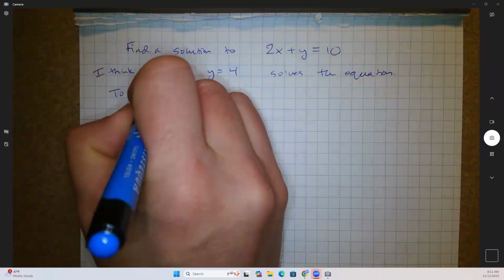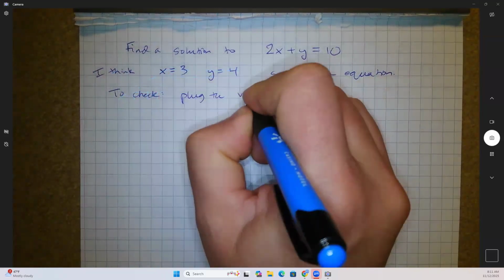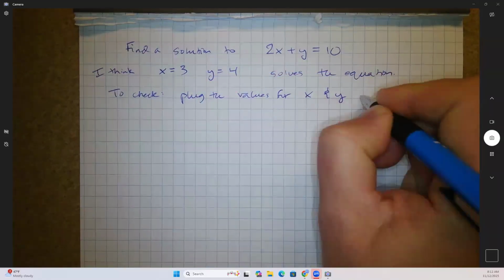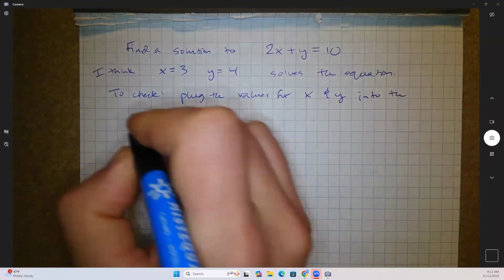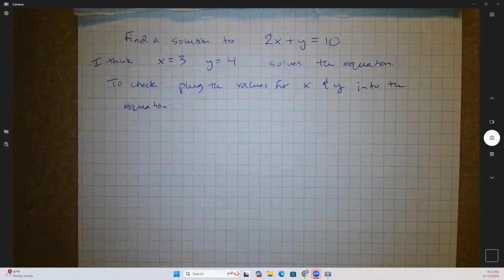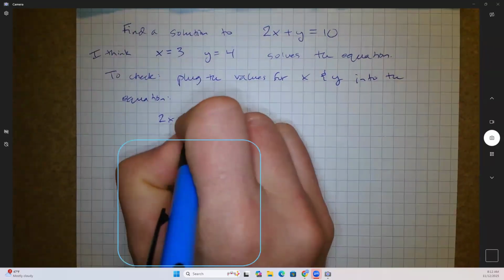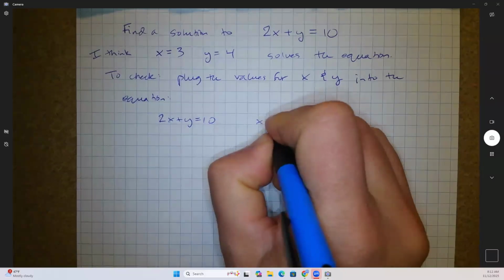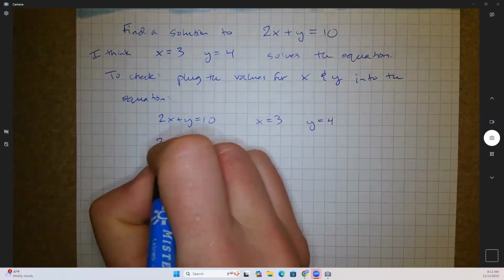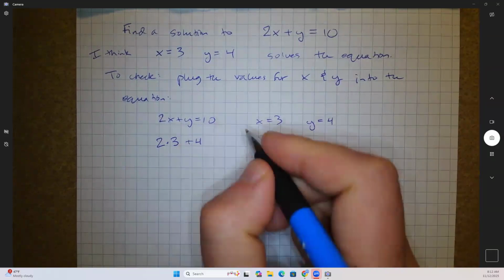And to check, just plug the values for x and y into the equation. 2x plus y equals 10, x equals 3, y equals 4. I'm going to have 2 times 3, because that's the x value, plus 4.